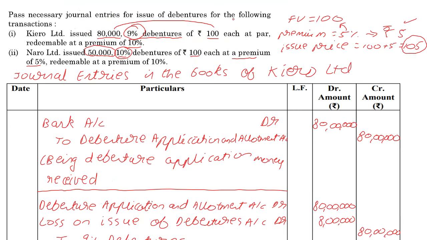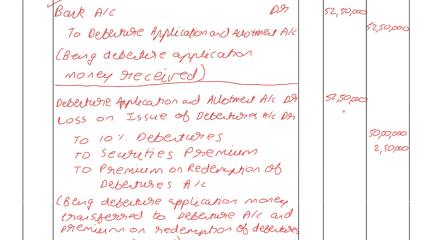Now going back, we have a premium also, 10% of 50 lakhs, and 10% of 50 lakhs is 5 lakhs. So we can blindly put 5 lakhs here, debit all expenses and losses, and 5 lakhs over here, where we're creating a liability account. Remember, all liabilities by default have a credit balance. With that, we are done.